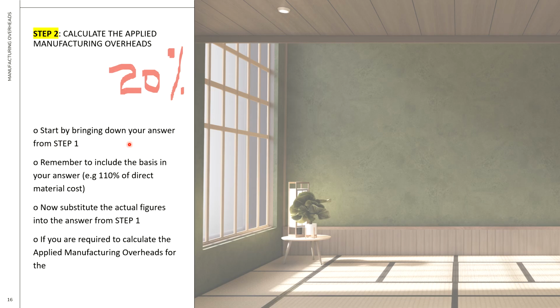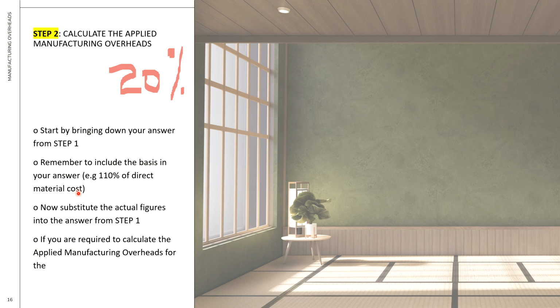Start by bringing down your answer from step 1, which is 20%. Remember to include the basis in your answer. So let's say your basis is direct material cost or direct labor cost.